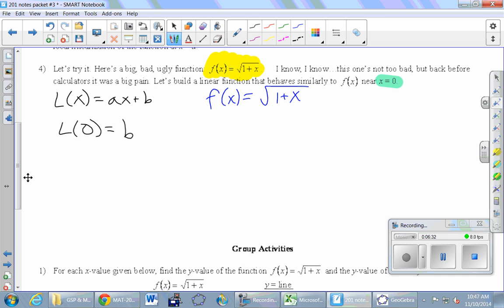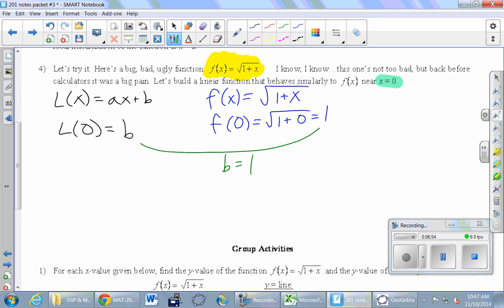And then over here in blue, how much is f of 0? Square root of 1, which is 1. So if we want the line to pass through the same point as that square root function, how much is b? So b is 1, right, by making these two guys equal. Super. b equals 1.